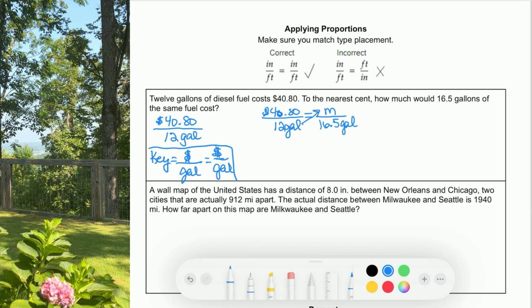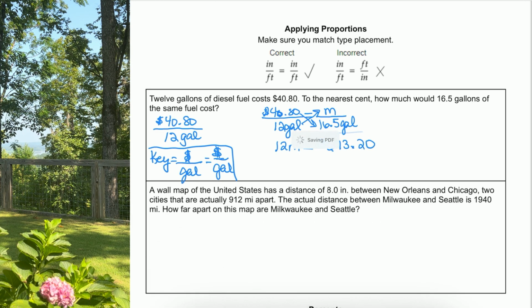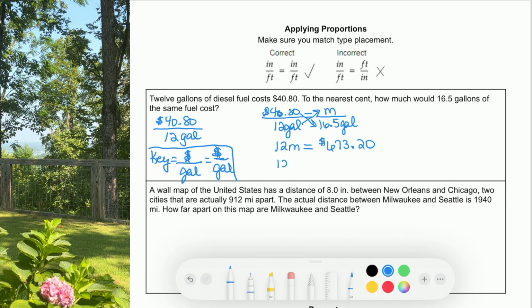Now we can use cross multiplication to find the answer. So 12 times M is 12M, my equal sign. $40.80 times 16.5 gives me $673.20. Now we can actually solve for M. So I'm going to rewrite it so you can see that step separate from what we just wrote down.